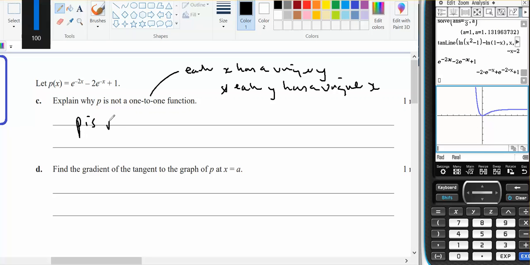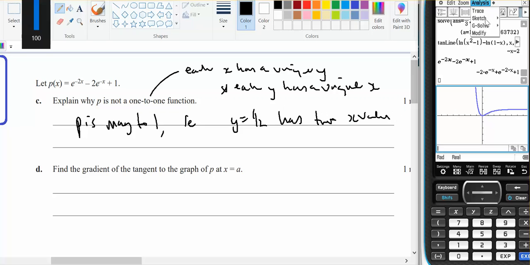P is many to 1, i.e. y equals a half has 2 x values.